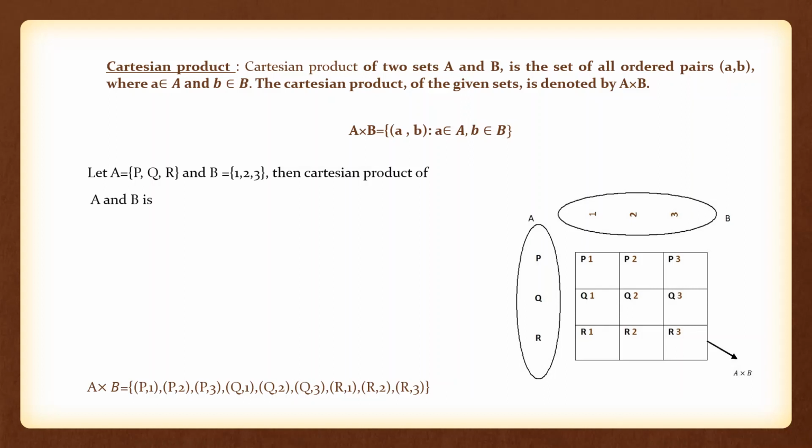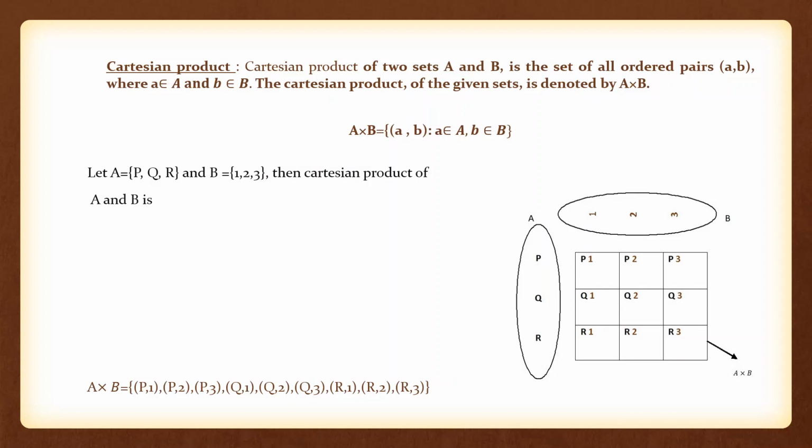So the Cartesian product will be the product of the first element of A and the first element of B, the first element of A and the second element of B, the first element of A and the third element of B. We can proceed for as many elements as we have.